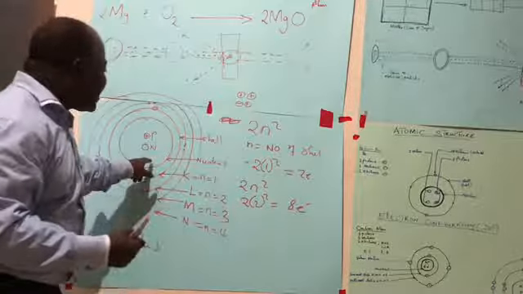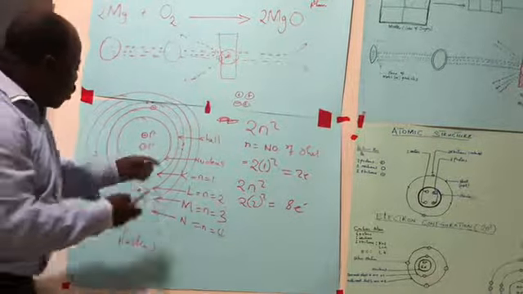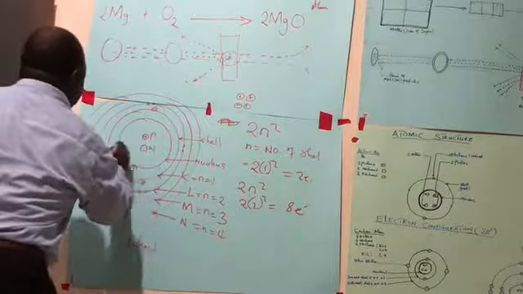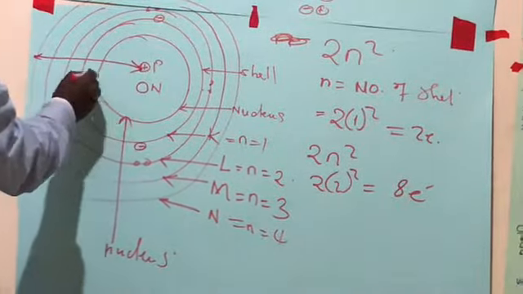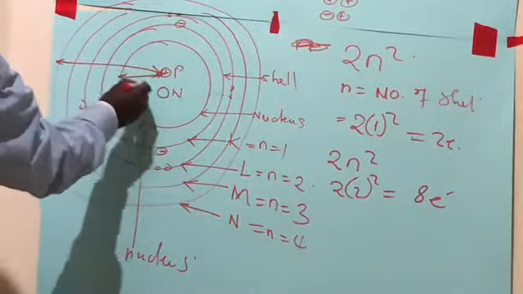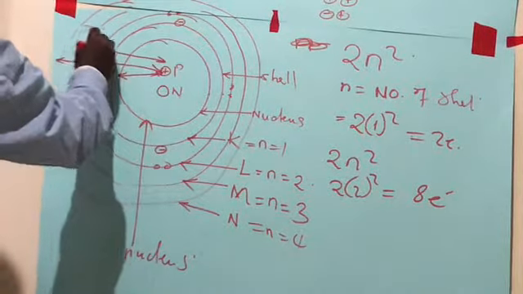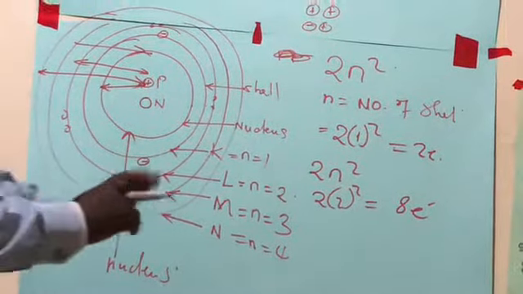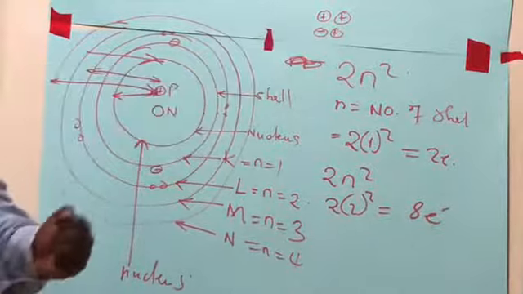The nucleus is positively charged, and the distance from the nucleus varies. The further you go away from the nucleus, the weaker the force of attraction.